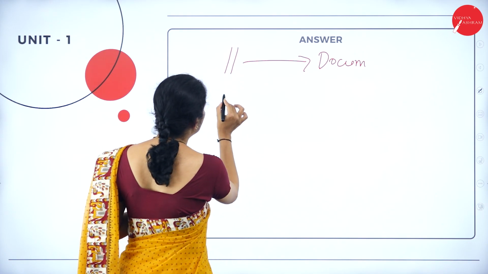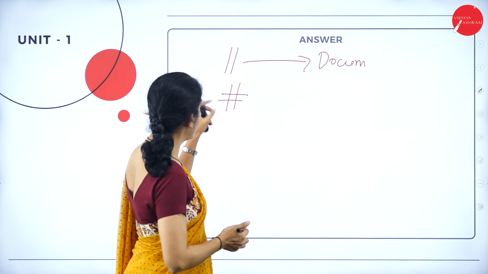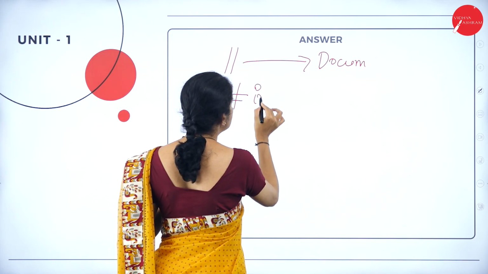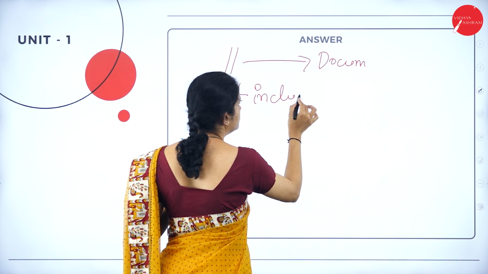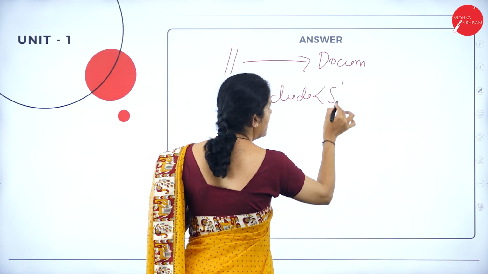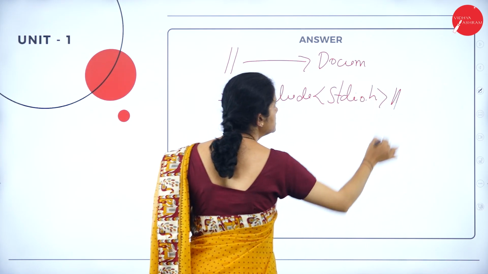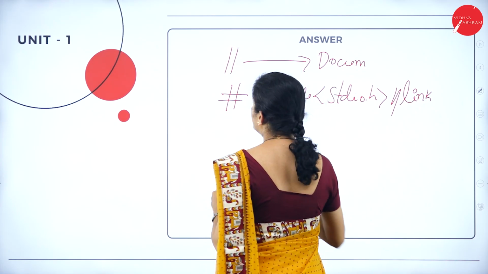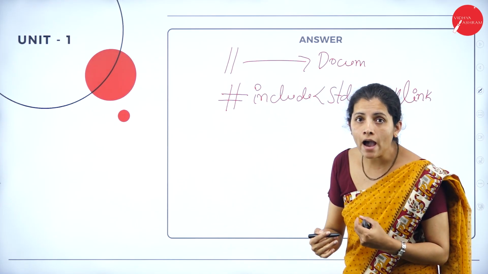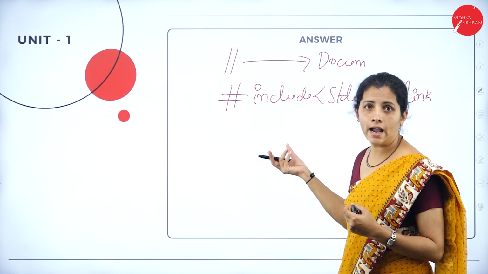After that, I am going to have the header files. This header file section is known as the link section. So if I write stdio.h, this is known as the link section. After that, I can have directives, okay, hash define.